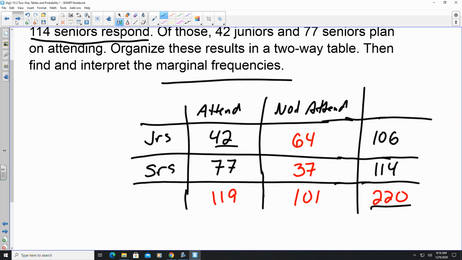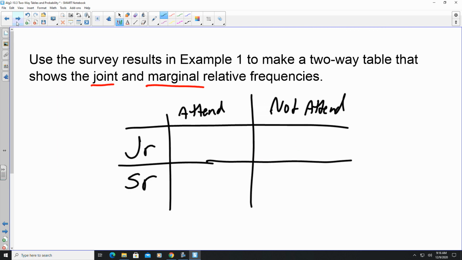So my joint relative frequency for juniors is going to be 42 over 220, which gets you to a ratio of about 0.191. All right, for seniors that attended, if you recall, it was 77 over 220.